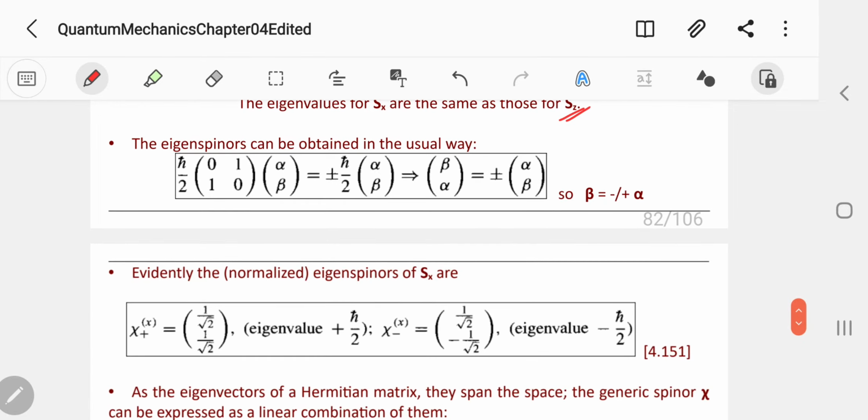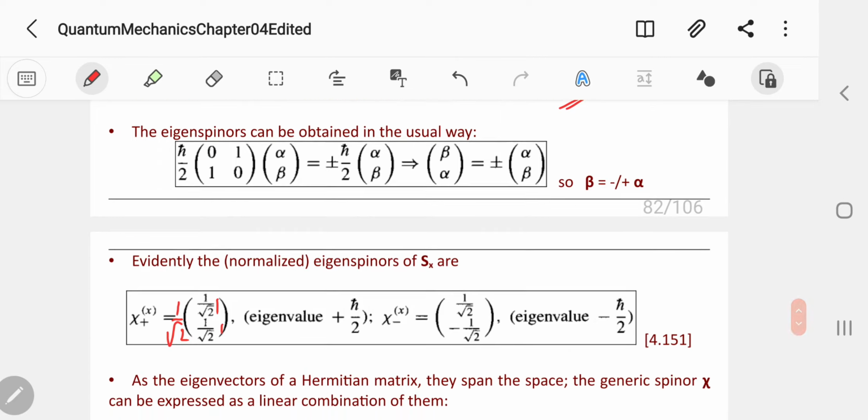And the eigenspinors would be this one, and that would just be equal to 1, 1 and 1, negative 1 for x. So this is 1 over square root of 2 times 1, 1, and this is 1 over square root of 2 times 1, negative 1.